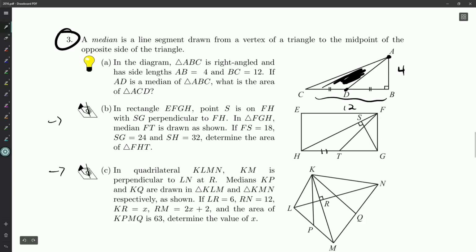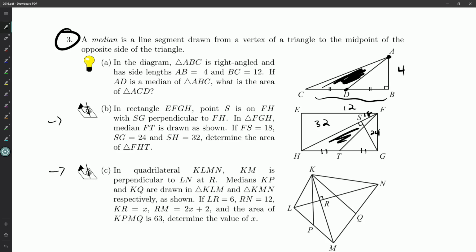So that means it splits G and H here. If FS is 18, SG is 24, and SH is 32, determine the area of triangle FHT. Okay, so FHT there.